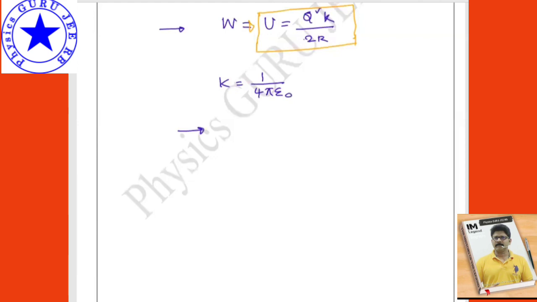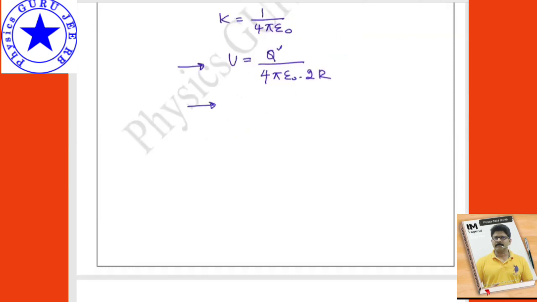If I substitute, U is equal to Q square into 1 by 4 pi epsilon naught into 2R. Now simply U is equal to Q square divided by 8 pi epsilon naught into R. So this is nothing but the potential energy stored in the capacitor.